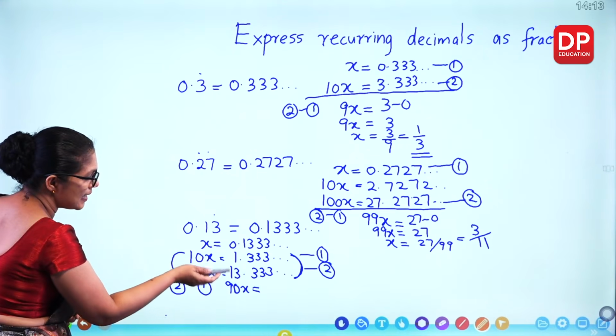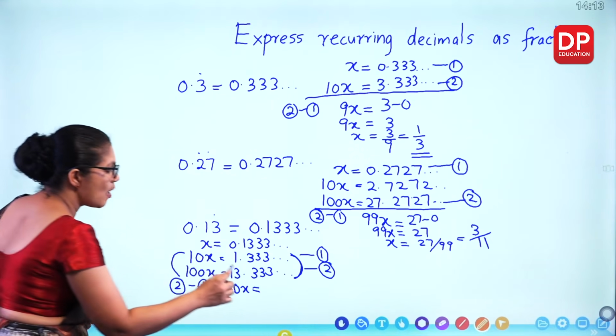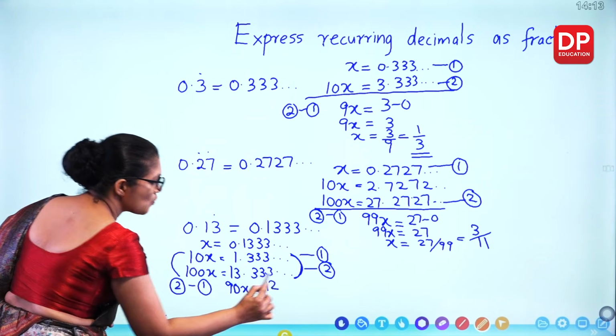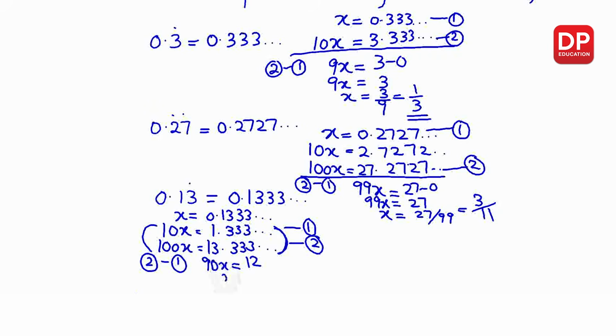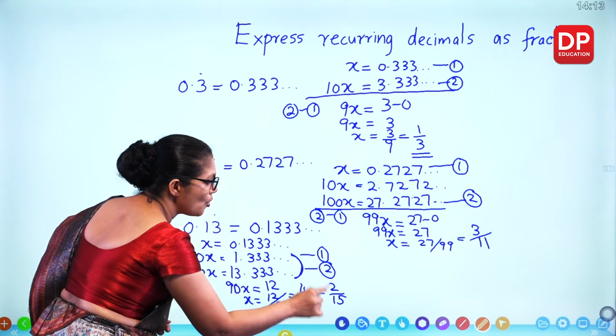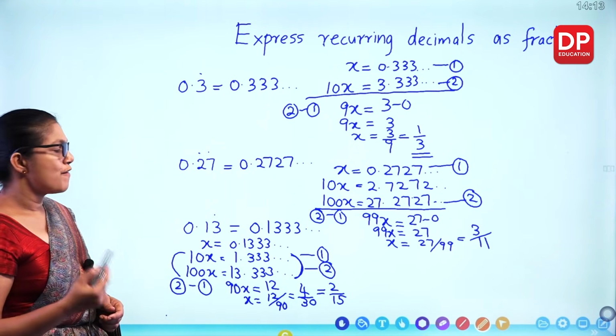So what happens here? 13 minus 1. So 13 minus 1 is 12. So what is x? X equals 12 over 90, or you can divide by 3, 4 over 30. Again you can divide by 2, 2 over 15.